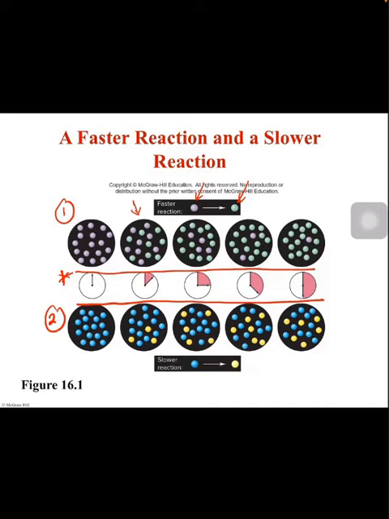And from time to time the concentration of our purple molecules is reducing. So this is very important information that we should understand from this diagram: when our chemical reaction starts, the concentration of reactant decreases, and at the same time the concentration of product increases.